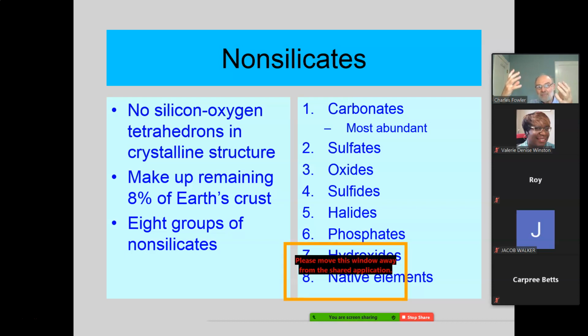The cations are the plus charges, the anions are the negative charges. Oxygen's always negative. So iron oxide, carbon dioxide, hydrogen oxide, anything that combines with oxygen. Now, some of those I named were metals, some of them are not. But the oxide metals are your non-silicate because there's no silicon involved with them.